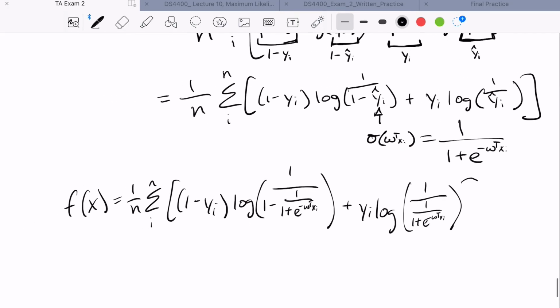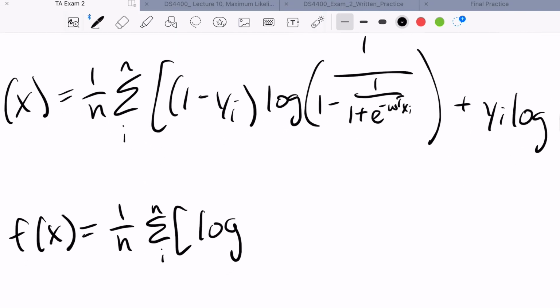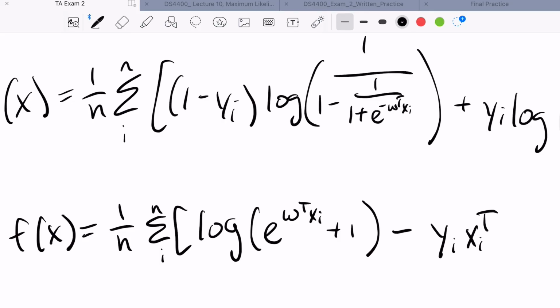So we went through all of this derivation in class, so I'm going to skip ahead. We end up with f of x is equal to 1 over n sum from i to n of the log of e to the w transpose xi plus 1 minus yi times w transpose xi.